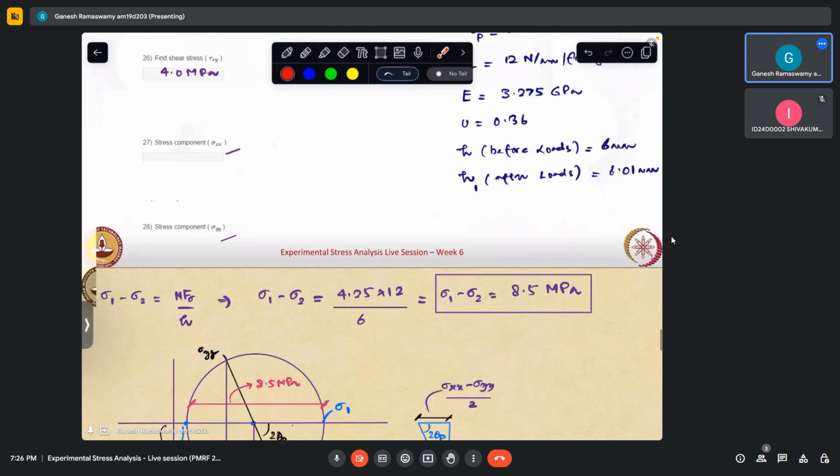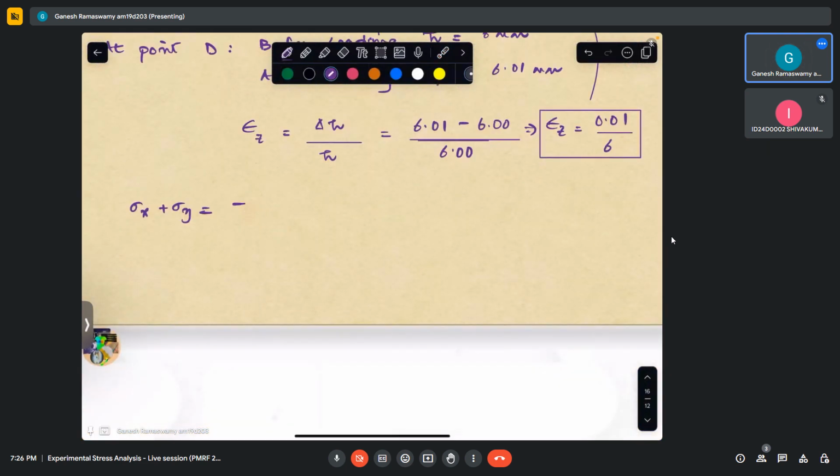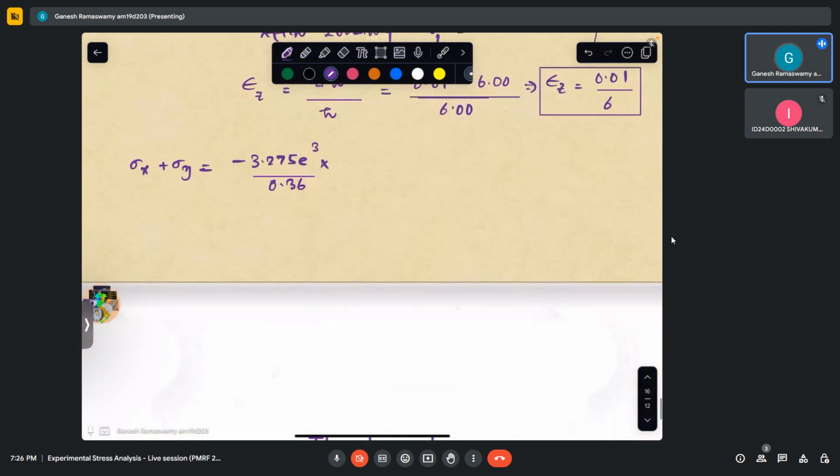So if I substitute that, I get sigma x plus sigma y is 3.275 into 10 power 3 by 0.36 into epsilon z, which is 0.01 by 6.